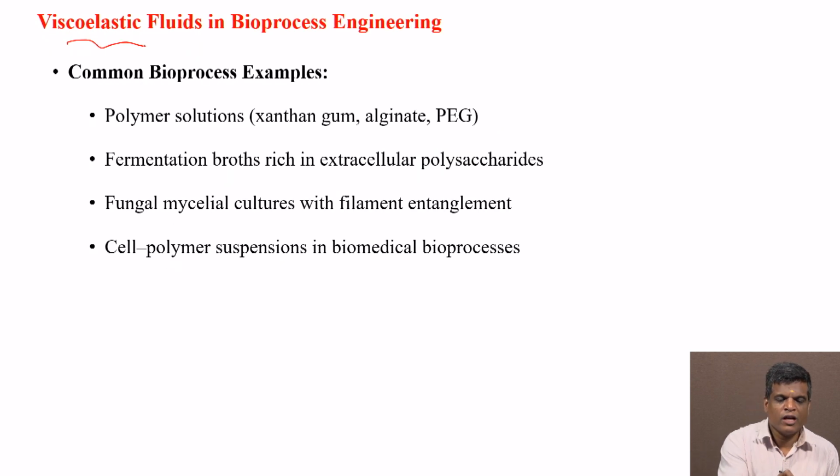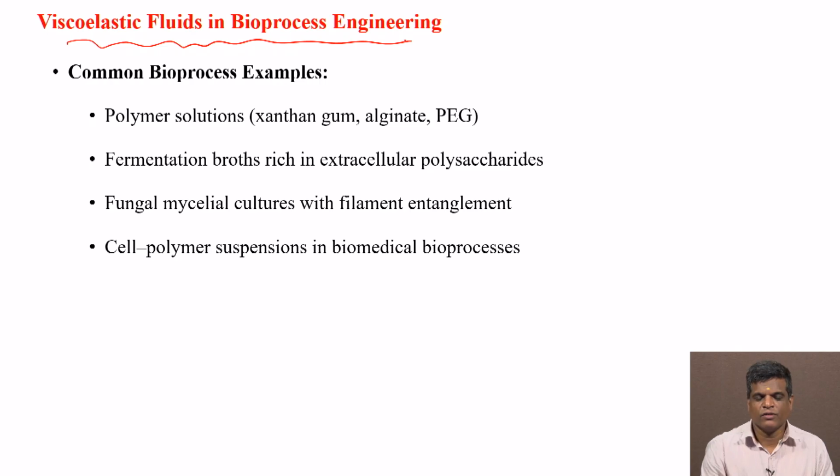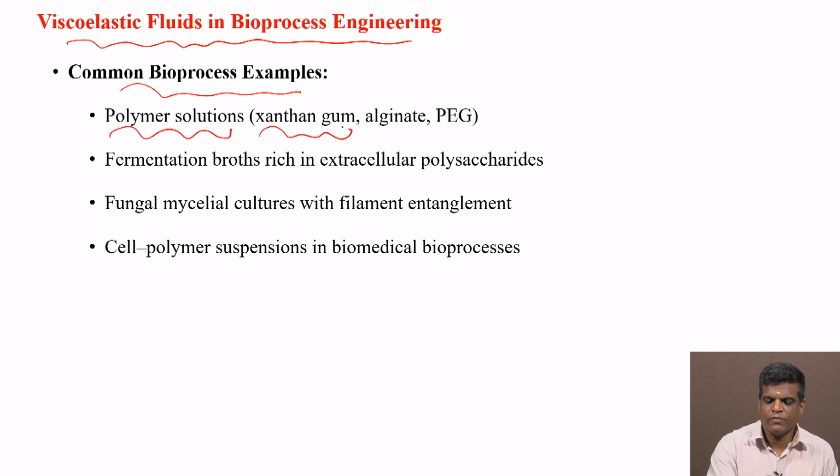Since we are discussing bioprocess engineering, we have to focus on the common bioprocess examples of viscoelastic fluids. We already discussed polymer solutions such as xanthan gum, alginate, and others.